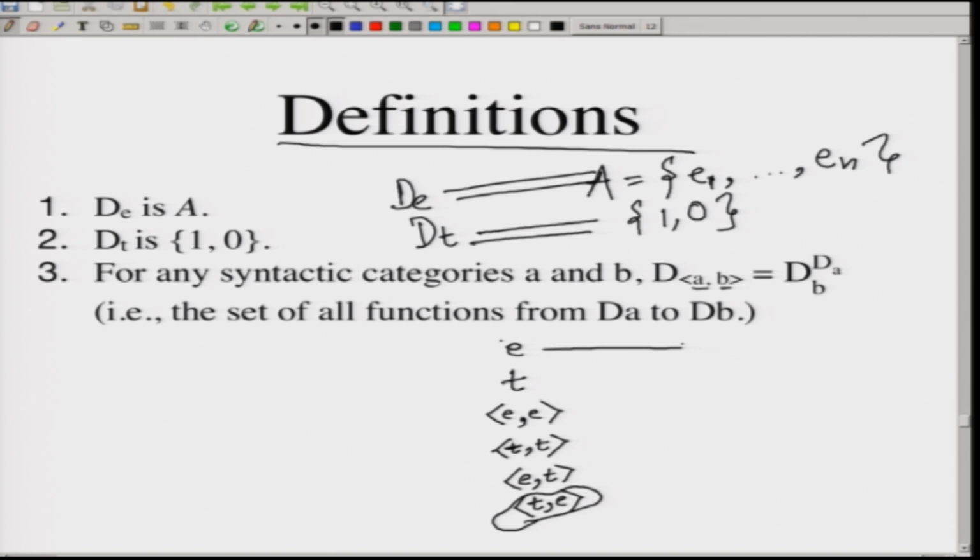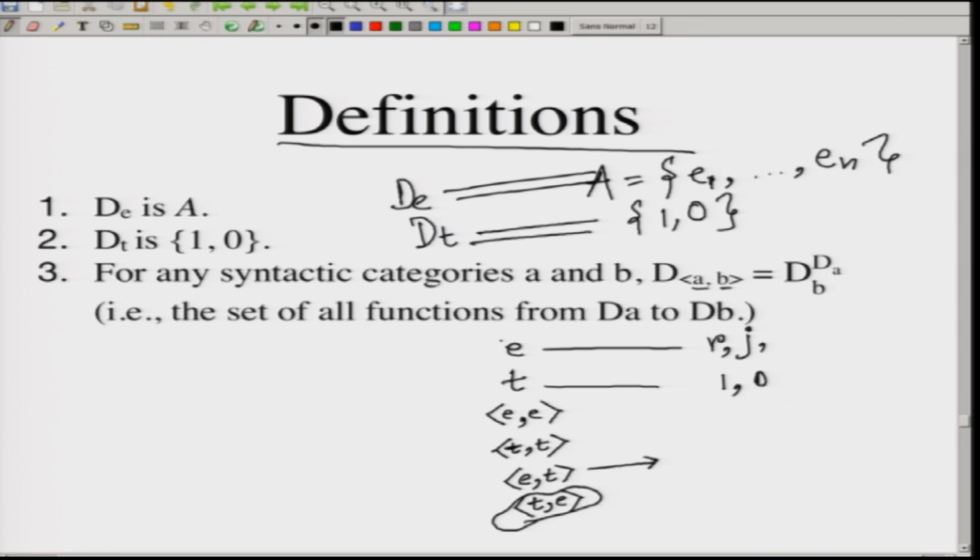What is this E type? Anything, Russell or John or anything is E type entities, right? And T type, any truth value 1 0. What is E to E? We don't know, we'll see that, but E to T is very easy. How do we construct E to T? We'll see that all 1 plus predicates.